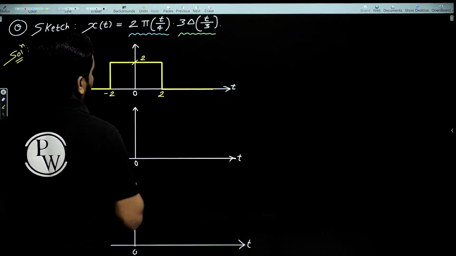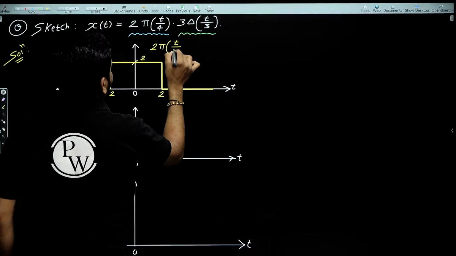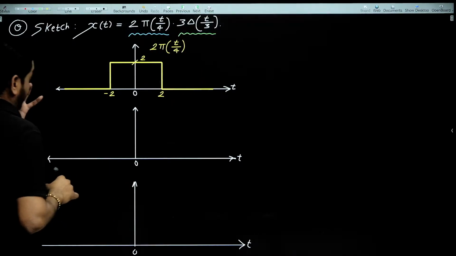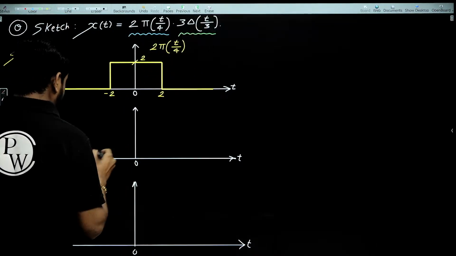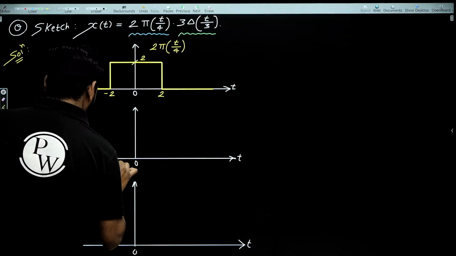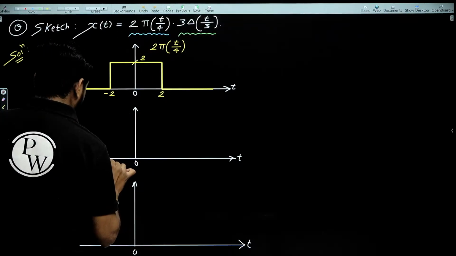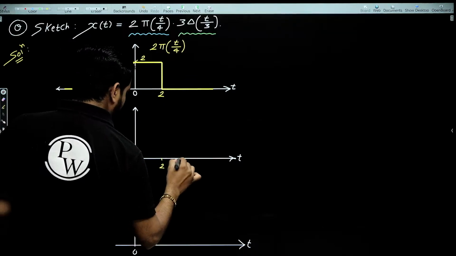So it is -2 to +2 with amplitude 2. This is the rectangle function 2 pi of t by 4, and here the triangular function, guys. Triangular function 3 means -3 to +3. So this is 2, guys, this is -2, and something around here 3 and -3.